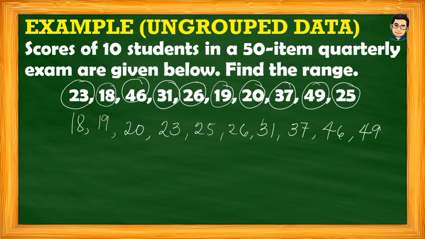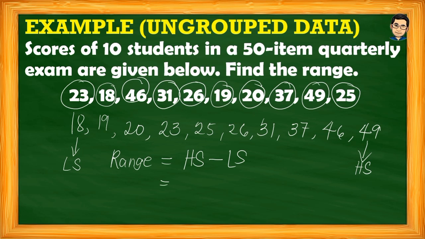Now that our data are arranged in ascending order, mas madali nating makikita ano yung lowest score and highest score. Basically, yung lowest score po natin dito is 18, and our highest score is 49. To calculate the range, range is equal to highest score, HS, minus lowest score.